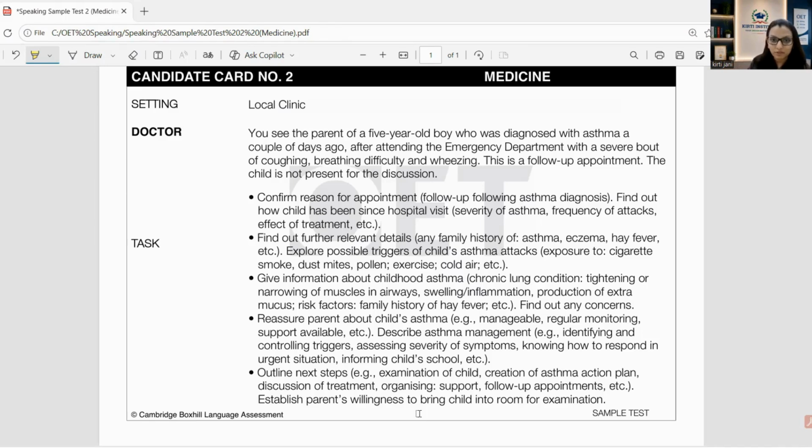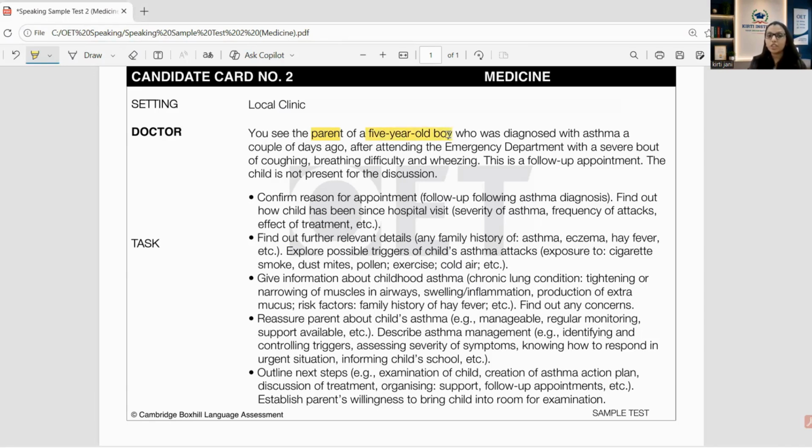Then you read the background information and highlight the keywords while understanding the scenario. You see the parent of a 5-year-old boy. The first statement itself says that you are not going to talk to the patient but the parent. The patient is a 5-year-old boy.